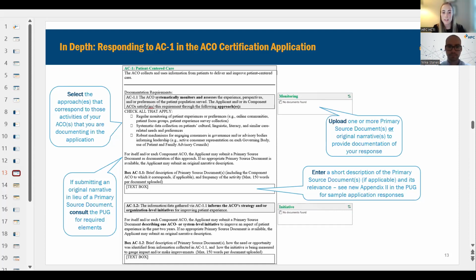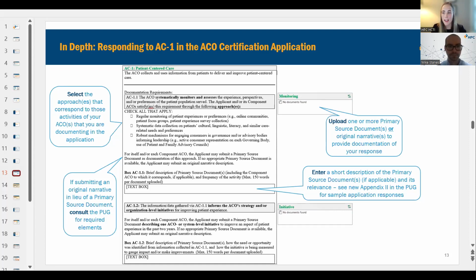However, if there are different approaches happening across ACOs, for example, one ACO is taking the approach of regularly monitoring patient experiences or preferences, while another is leveraging systematic data collection on patients' cultural, linguistic, literacy, and similar care-related needs and preferences, then you'll need to select both to cover the approaches happening across component ACOs and also upload documentation that supports that.